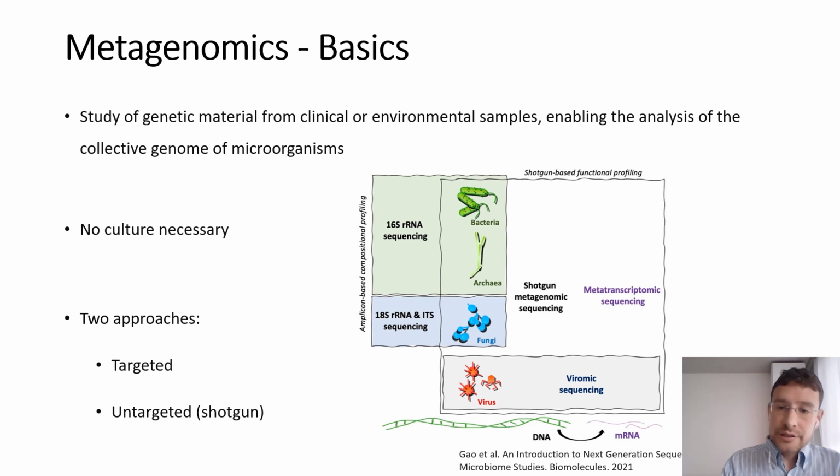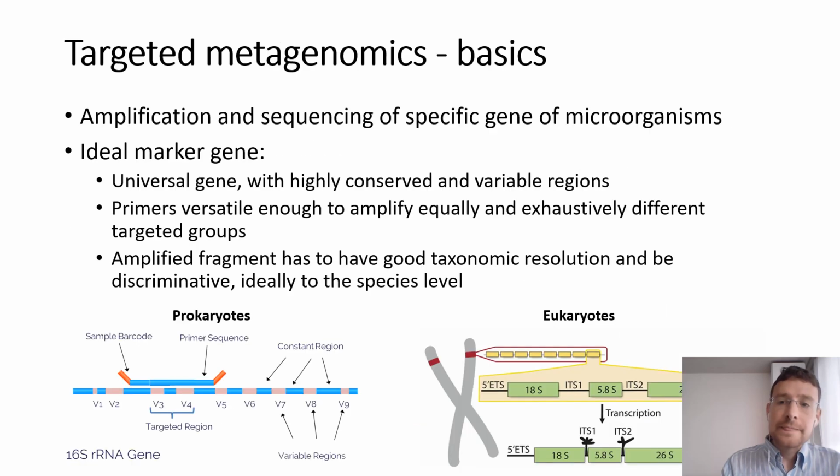Let's show in detail what is going on with targeted metagenomics. As I have said, you amplify a specific gene. An ideal marker gene is universal and highly conserved, but also has variable regions. And you have primers that are able to amplify equally and exhaustively different targeted groups.